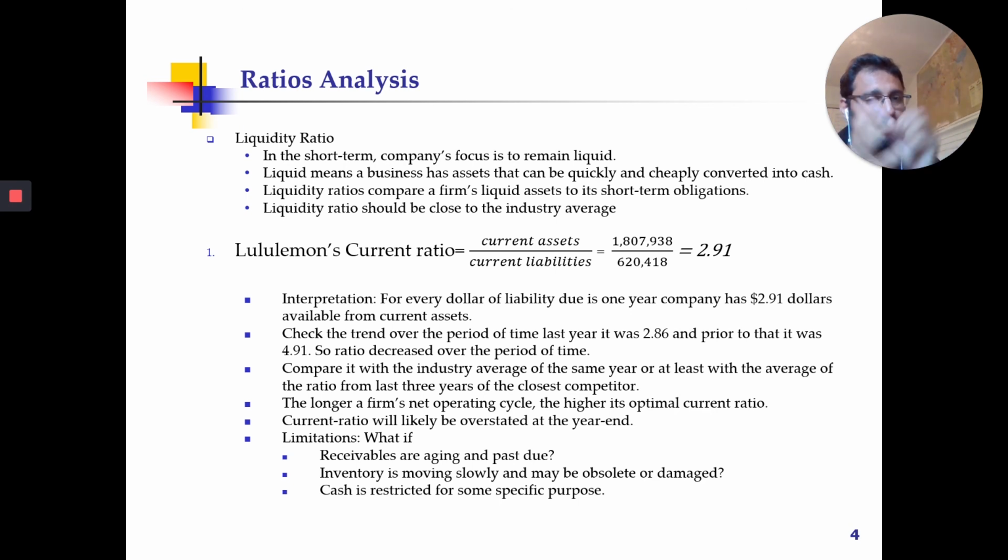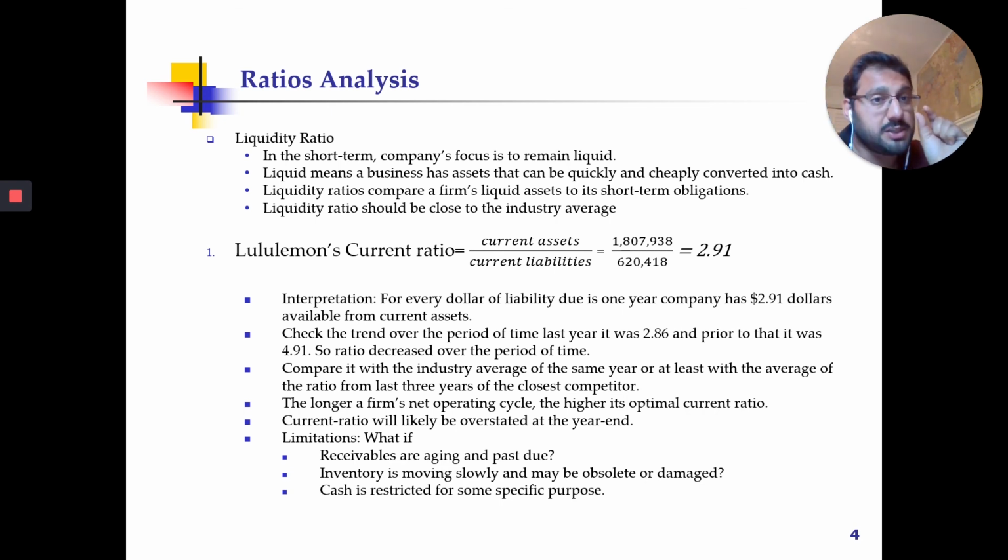They bought the inventories, they might have converted those inventories into finished goods, they sold them and generated the account receivables, and then they collected the cash from those account receivables. So from the point where they spent the cash on the inventories to the time when they received the cash from the account receivable, that is the net operating cycle.